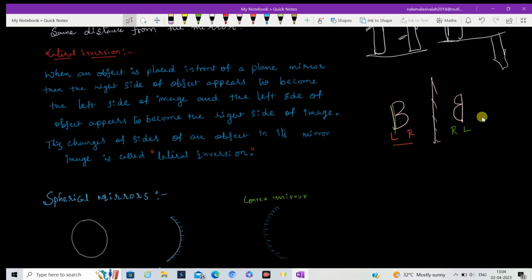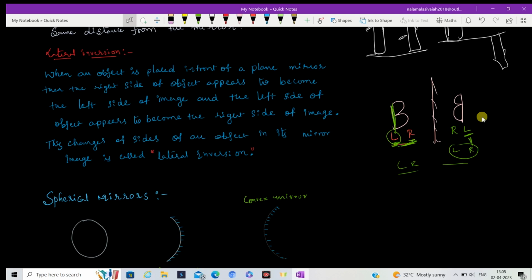This side is left and this side is right. So here you can see our left became right. If you take this order, this is also LR, the same order. But in this image you see the left became the right side.